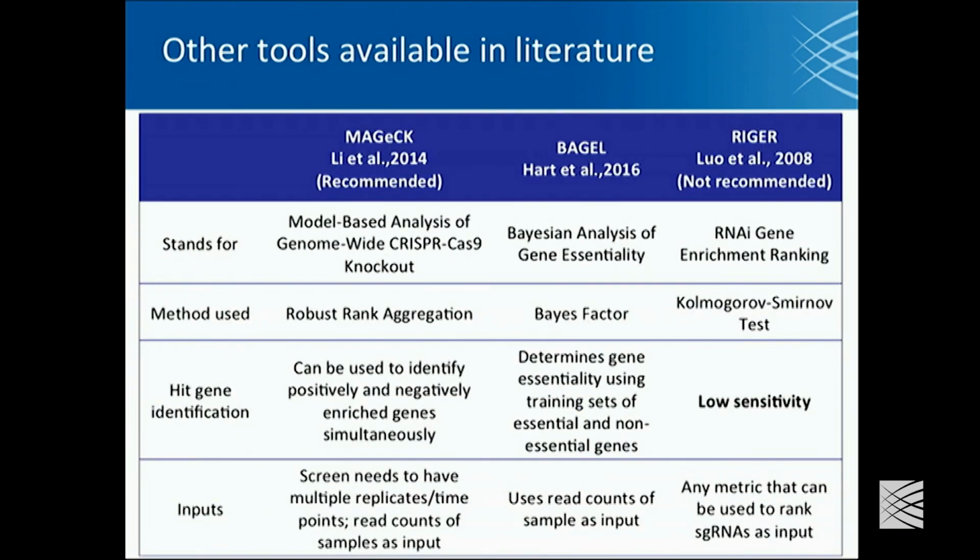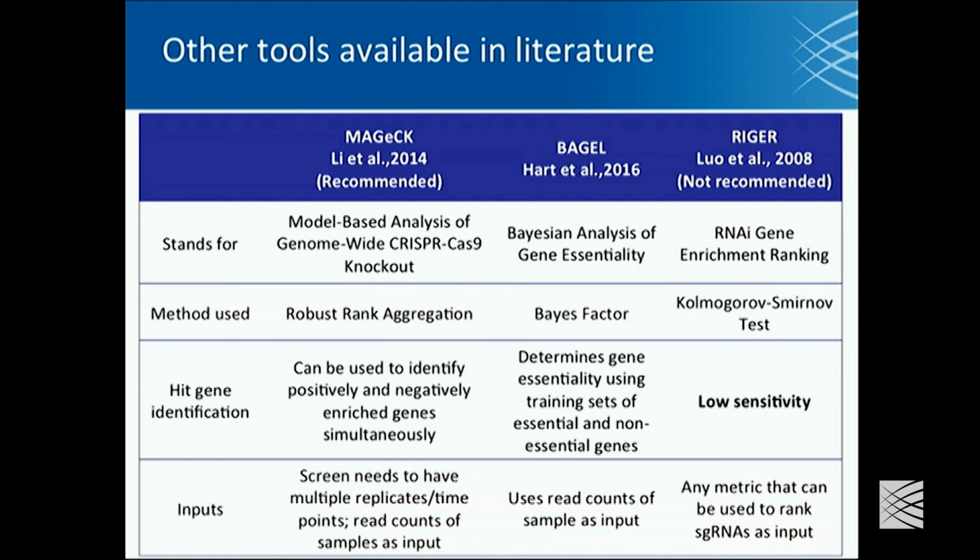There are so many other tools out there that you can still use to look at gene level hits. And one such tool is called MAGeCK, and we definitely recommend using this tool. This stands for Model-Based Analysis of Genome-Wide CRISPR-Cas9 Knockout.